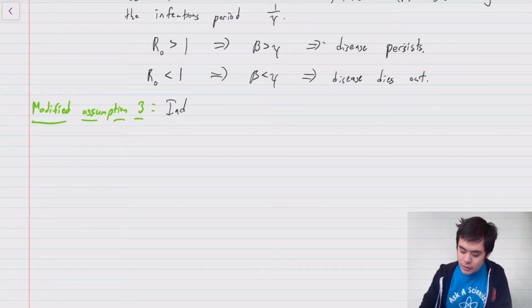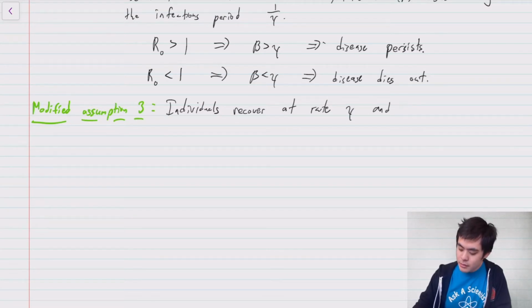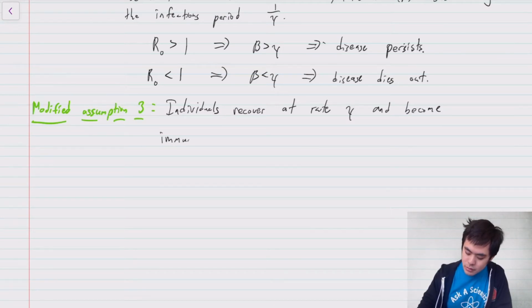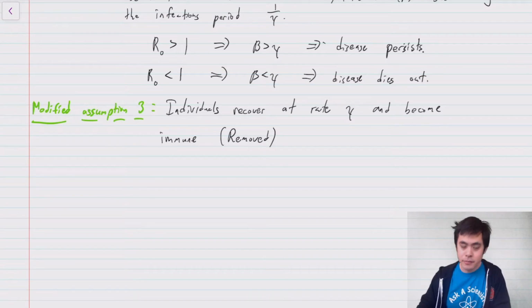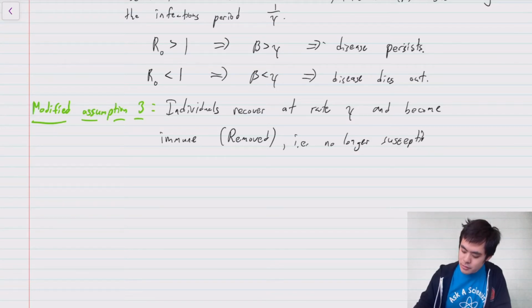Individuals recover at rate gamma and become immune. And we're going to call this removed from the population, i.e. no longer susceptible or infectious.